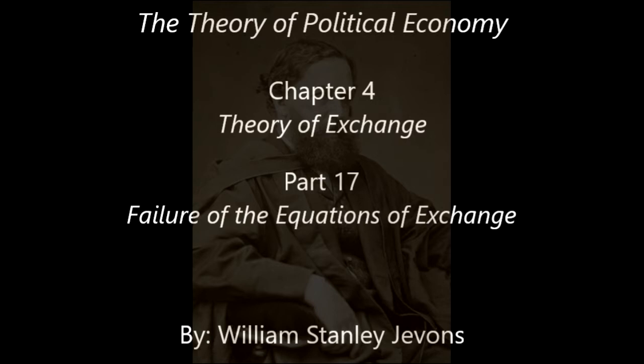In the first case it may happen that the commodity possessed by A has a high degree of utility to A and a low degree to B, and that vice versa B's commodity has a high degree of utility to B and less to A. This difference of utility might exist to such an extent that though B were to receive very little of A's commodity, yet the final degree of utility to him would be less than that of his own commodity, of which he enjoys much more. In such a case no benefit can arise from exchange, and no exchange will consequently take place. This failure of exchange will be indicated by a failure of the equations.